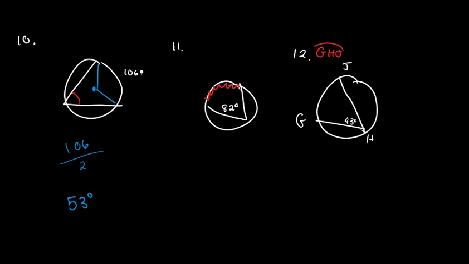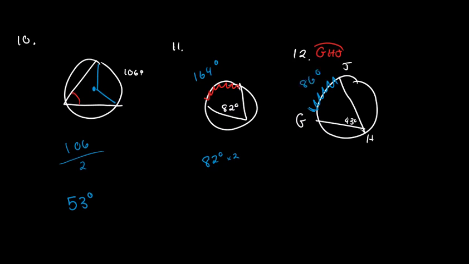Number 11, it is the same concept, however we're given the inscribed angle instead of the arc, so I would take 82 degrees and multiply that by 2 and get 164 degrees. Number 12, it's very similar, where I would go ahead and find JG or GJ, and that would be 86 degrees.